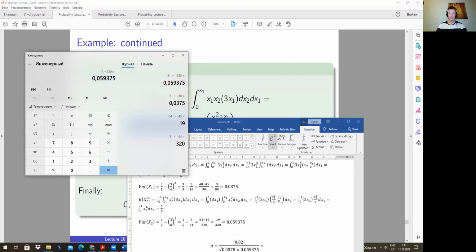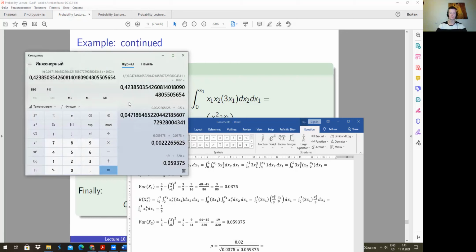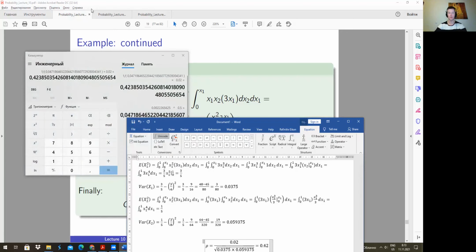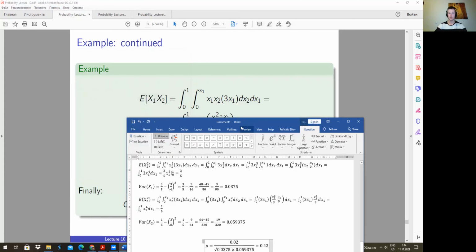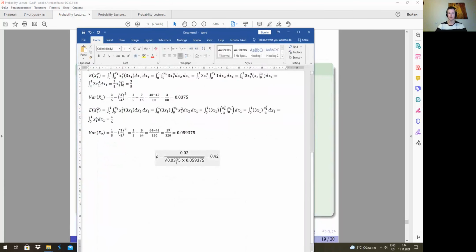So what do we have finally? 0.0375 times 0.059375, then we have a square root, then we divide 0.02 by it. So it's 0.42. Okay, so we have a not that strong, but positive relationship between these two variables. And this makes sense. The more you have in the beginning of the week, the more you are able to sell during the week.